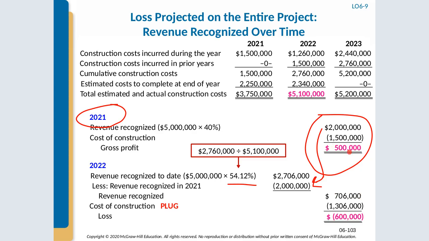Now, since we are netting, let me just take here. Revenues are 5 million.